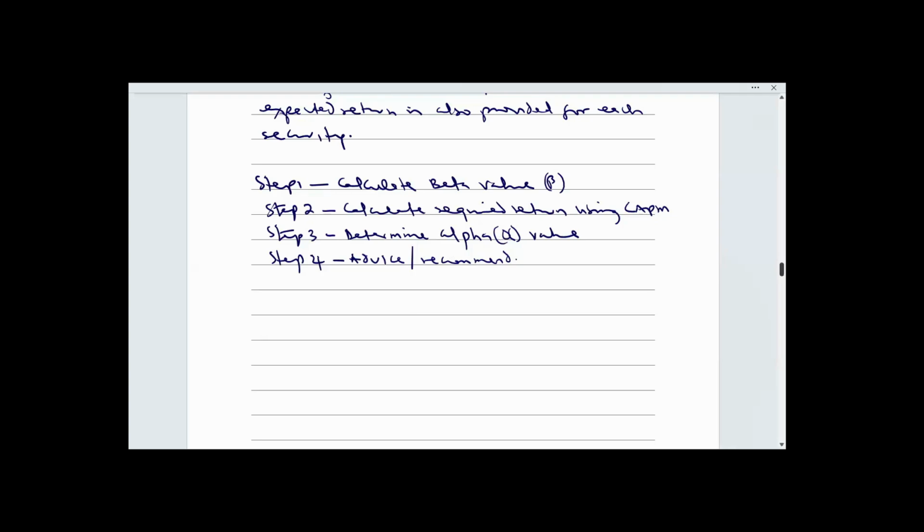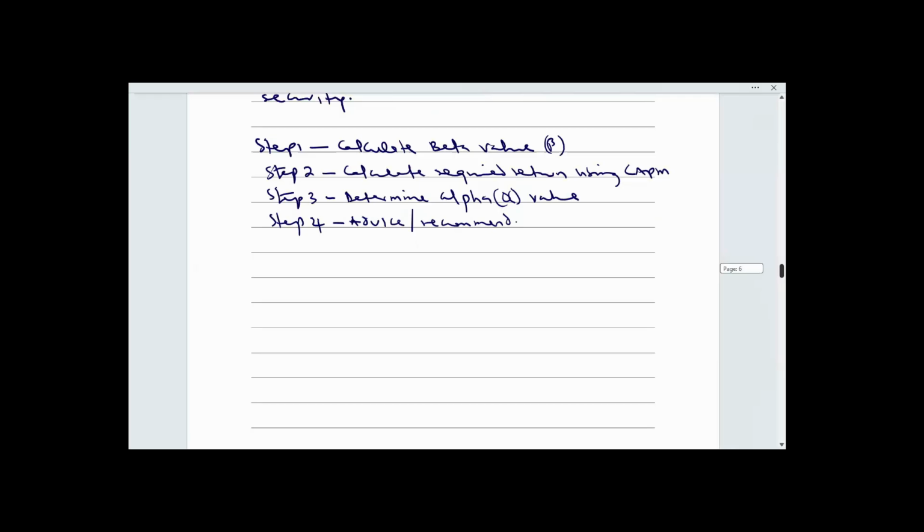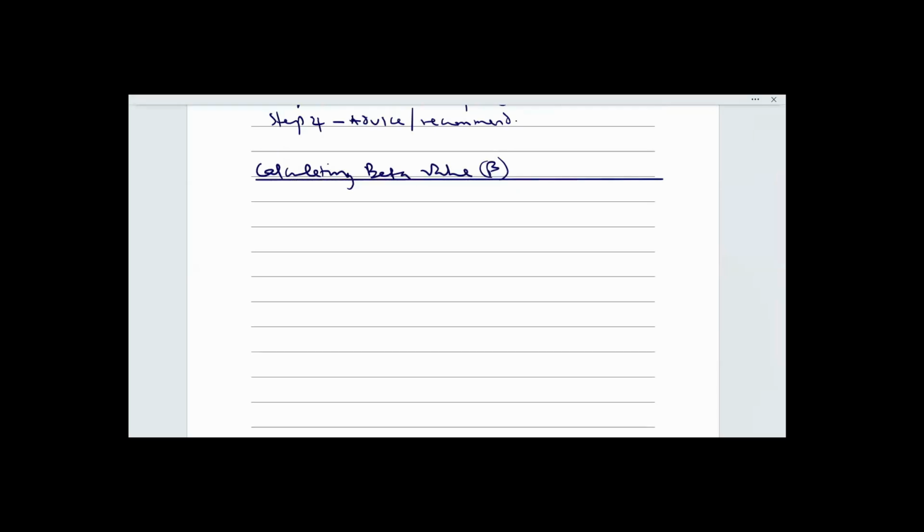Therefore, let's calculate the beta value. This one is more like a working. Calculating beta value. You then need to ask yourself, which formula am I going to use to calculate my beta value? You go back to the question.